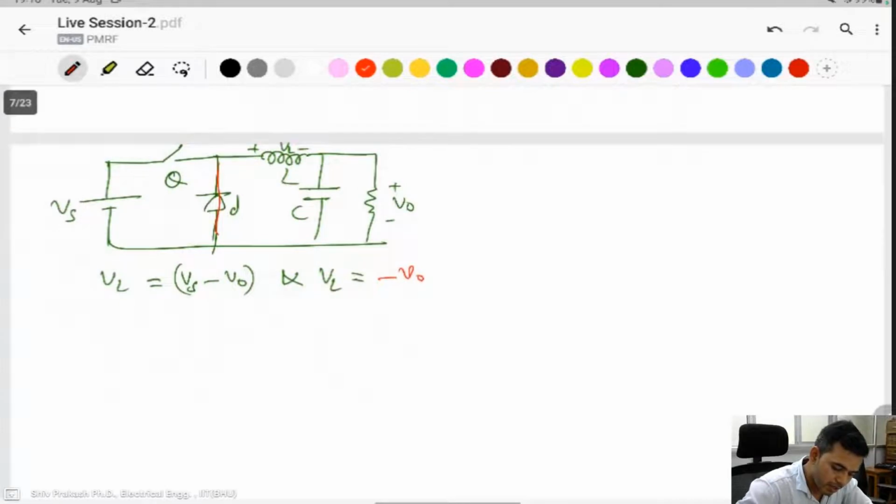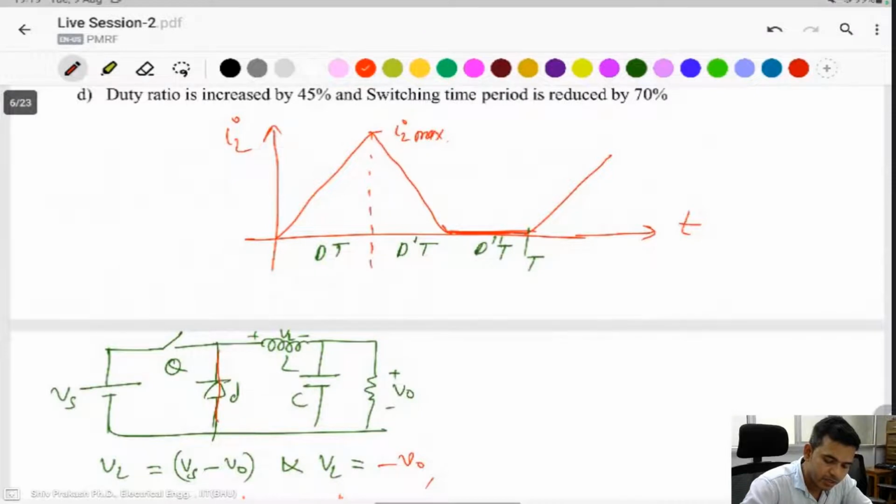You can apply the volt-second balance equation, then you find VL dT plus VL d dash T plus VL d double dash T. Actually, in the d double dash condition, VL is 0. Here you observe that in the d double dash condition, current is 0, voltage is also 0.